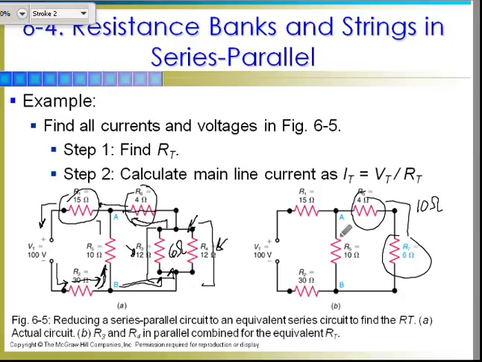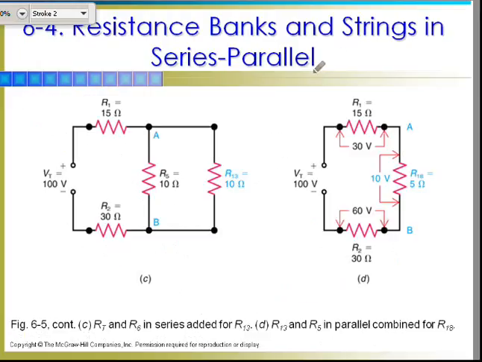And they are in parallel with another 10 ohm resistor. So I've got a parallel circuit of two 10 ohm resistors. They're going to end up as a 5 ohm resistor.